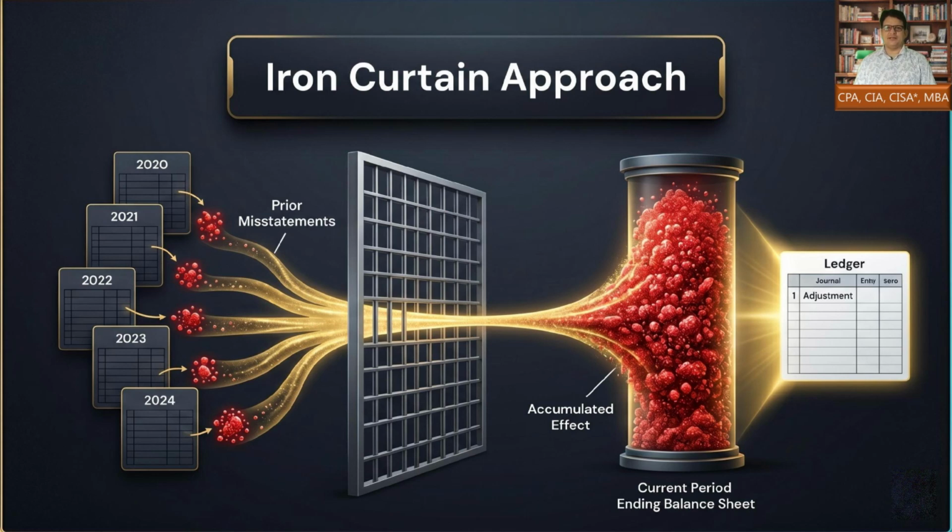But Iron Curtain has a weakness too. Correcting the entire accumulated amount in the current period may create a large current year income effect that does not reflect current year operations. So, Iron Curtain sees balance sheet truth, but correction timing still needs judgment.